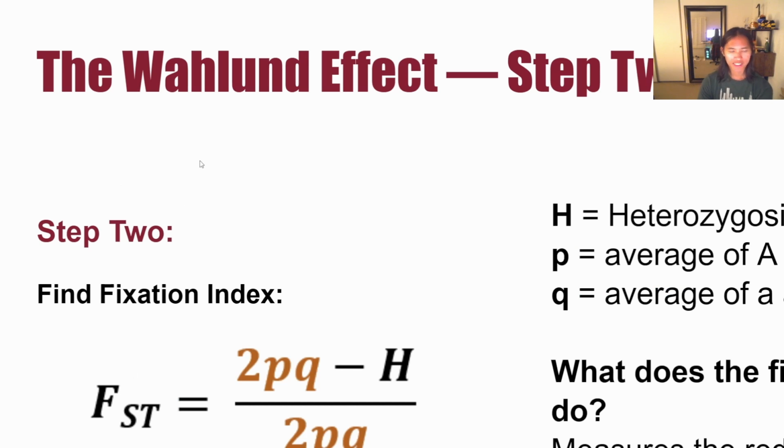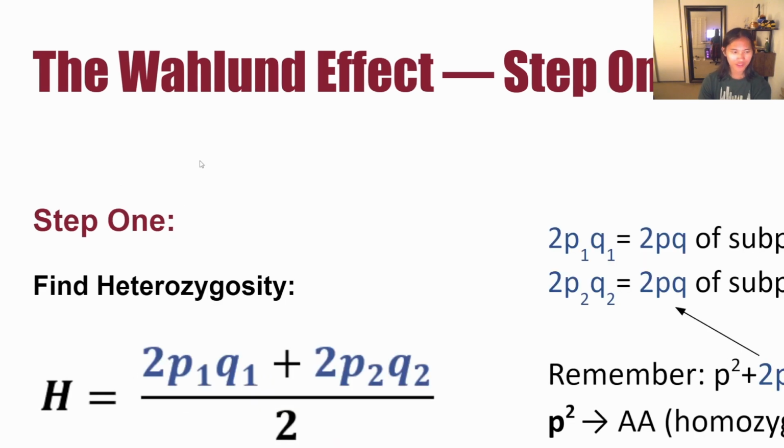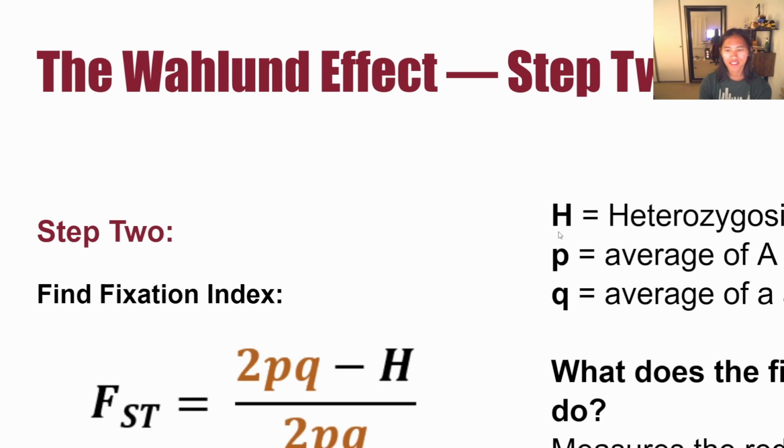The fixation index is going to use this heterozygosity, and it's going to subtract the average heterozygosity of the subpopulations from the heterozygosity of the entire population, and then divide it by the heterozygosity of the entire population. This will help measure the reduction in mean heterozygosity compared to heterozygosity if it was in equilibrium. This is the effect of the heterozygosities of the different subpopulations.